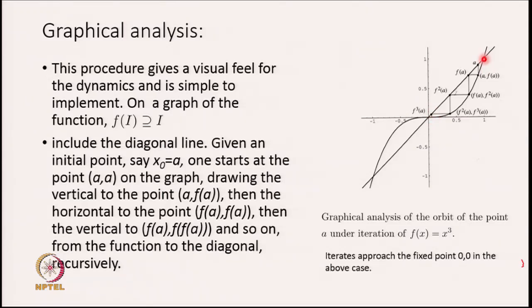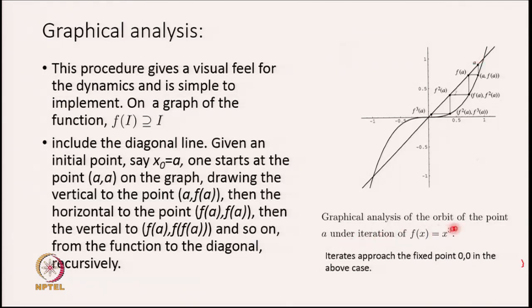Starting close to a fixed point, but not at the fixed point, because the fixed point iterates onto itself. But starting close to a fixed point and continuing the iteration can immediately tell you whether that fixed point is stable or unstable.